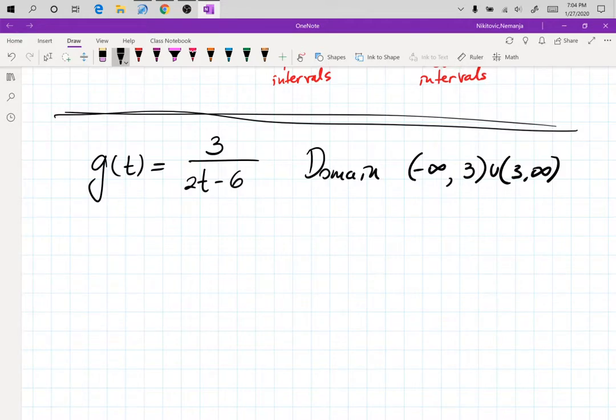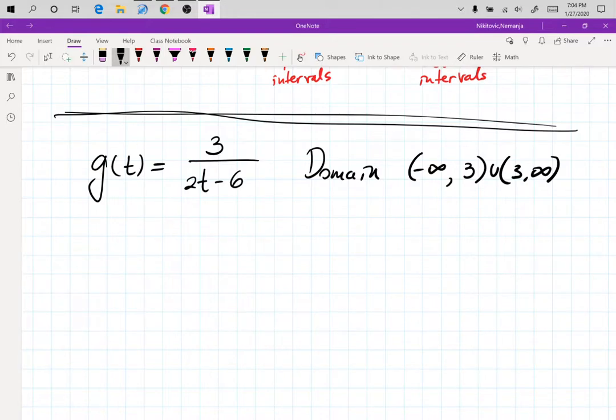The only value that we have to kick out is 3, because 2 times 3 is 6, 6 minus 6 is 0, and that's the one we had to kill from the domain. The rest, all fine. Is 0 okay? Of course. 2 times 0 is 0, so the denominator is negative 6, and we have 3 over negative 6, that's negative 1/2. It's okay to have a value of negative half. So that all works.